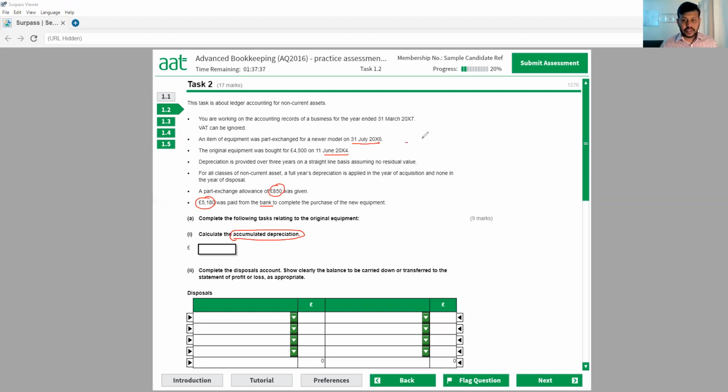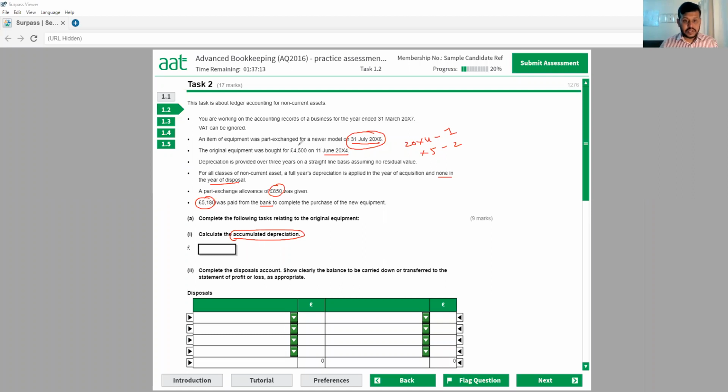So 2014 is year 1 and 2015 is year 2. But 2016 we're not going to consider, because the question said none in the year of disposal. So we ignore that.